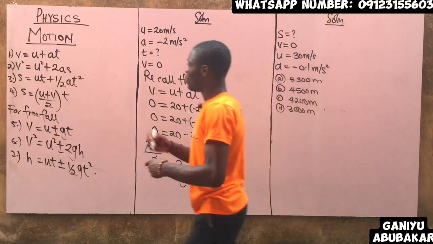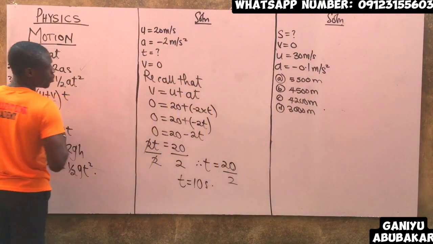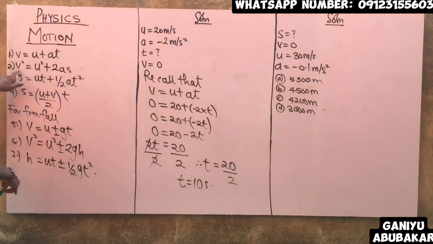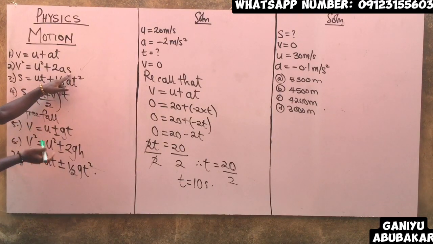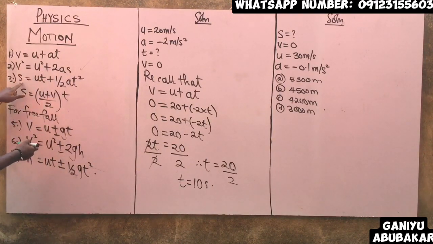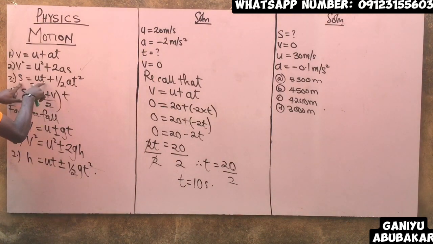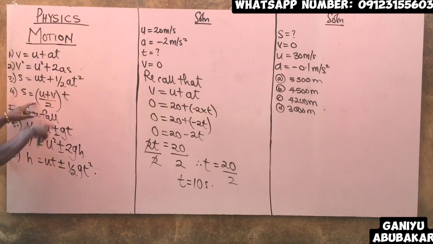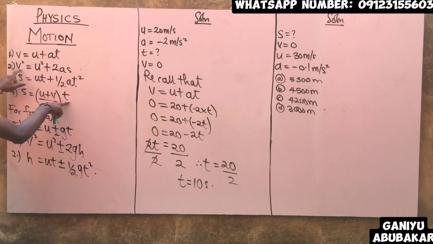Of course, this equation 2, because check, I'm given v, I'm given u, and I'm given a. So I'm looking for s. I can't use this one because I'm not given t, time. And I can't use this one too because I'm not given time. So the best one to use there is this.